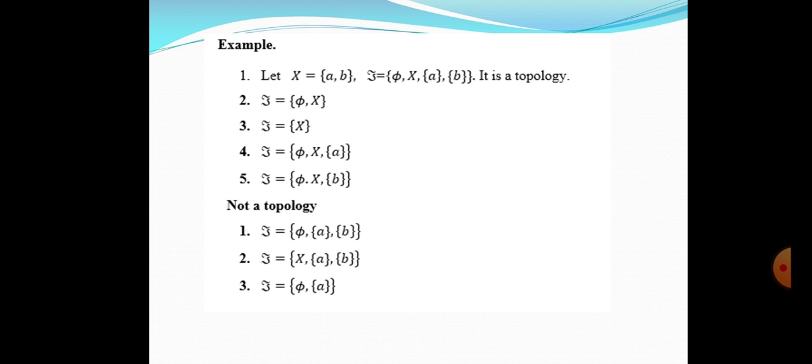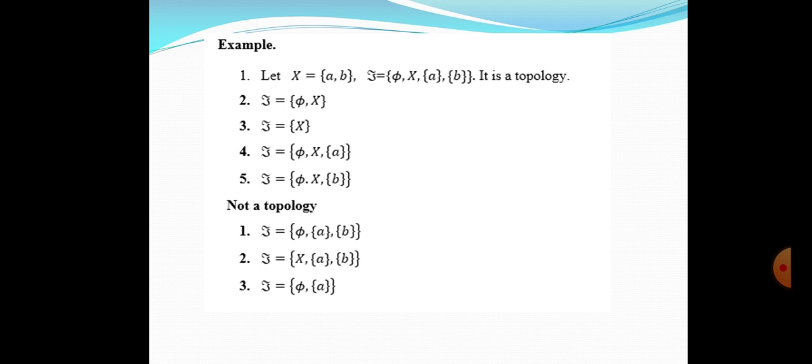Next, the union of two sets is also in tau. The intersection of any two elements is also in tau. So these three properties are satisfied. Thus the second example is also a topology. Next we have to check 3, 4 and 5. These are all topologies.